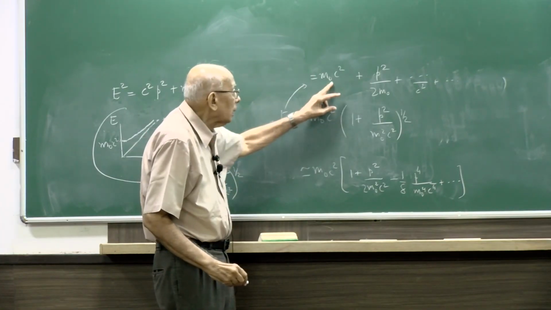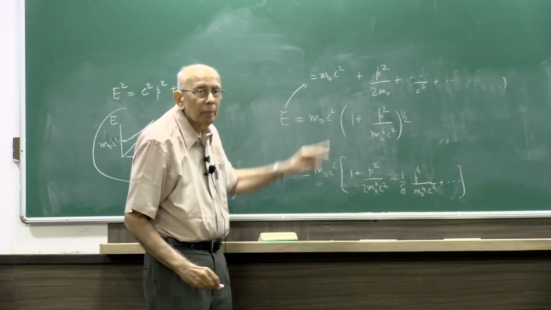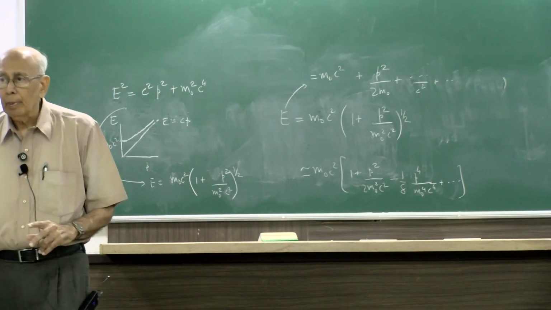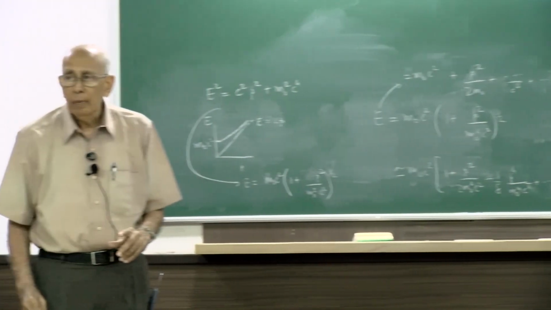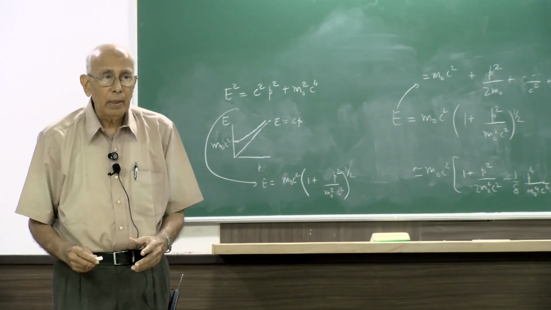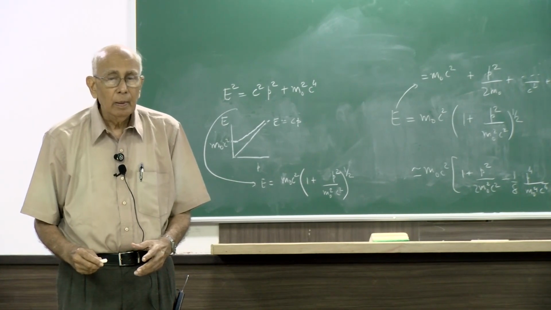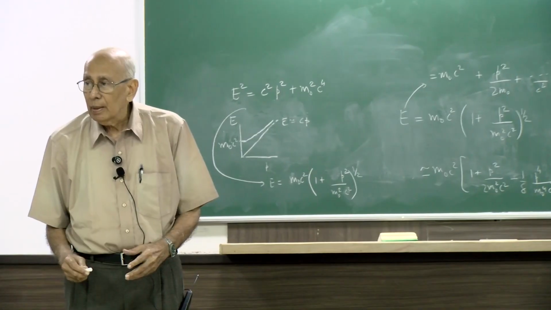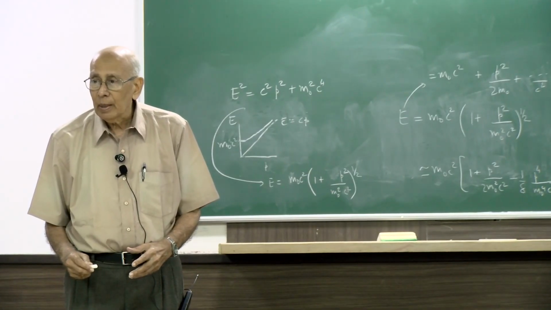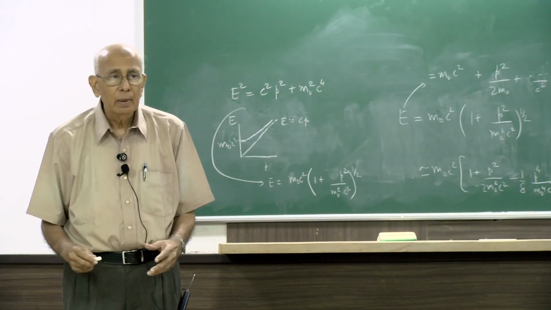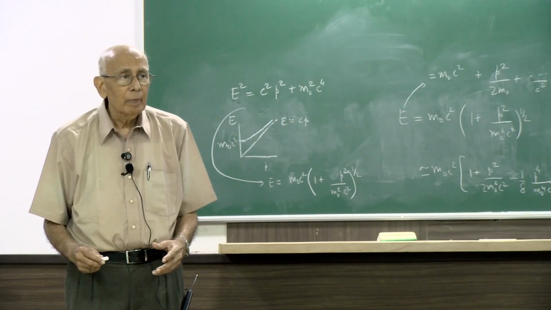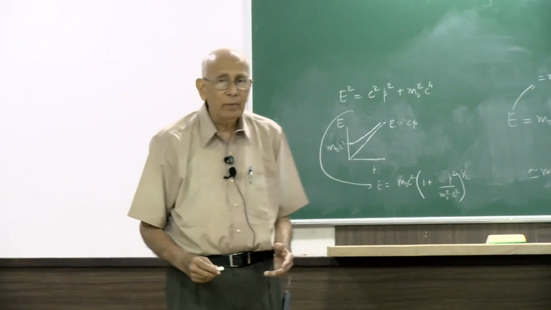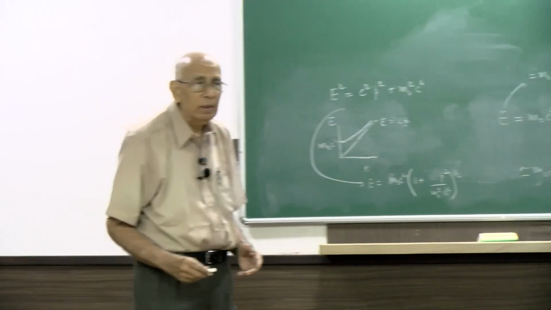What is this called? It's the energy in the absence of any motion of the particle, when p is 0. What do you call the energy when the particle is at rest? What energy? Potential energy? There's no, it's a free particle. Rest energy? Rest energy, yeah. Scientists are very literal people. It's called the rest energy.